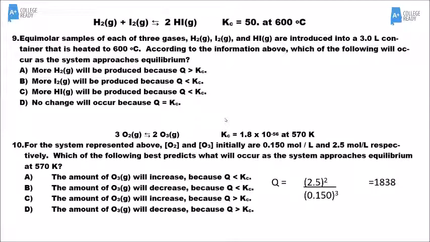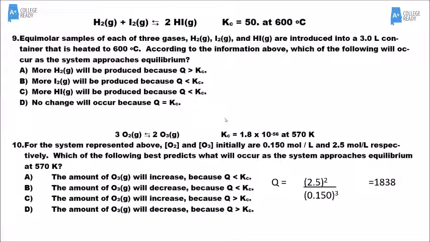Even without having a calculator, your students should be able to plug in those numbers and know that whatever value they get will be much larger than 1.8 times 10 to the negative 56th. It's okay if they don't use a calculator on this, but they should know that 2.5 squared over a very small number cubed should be a number greater than 1. They should be able to do that math.